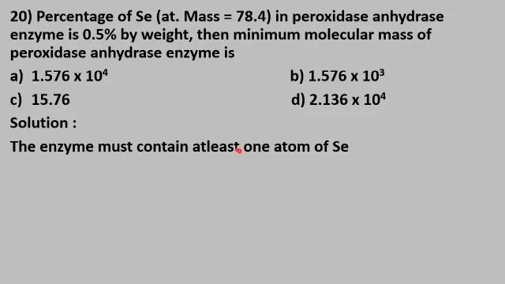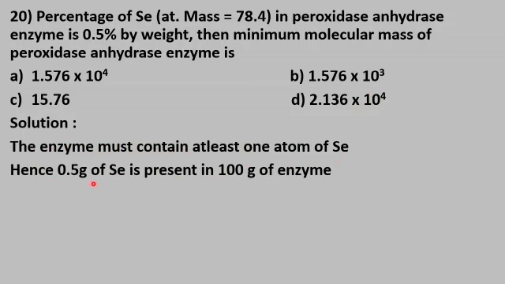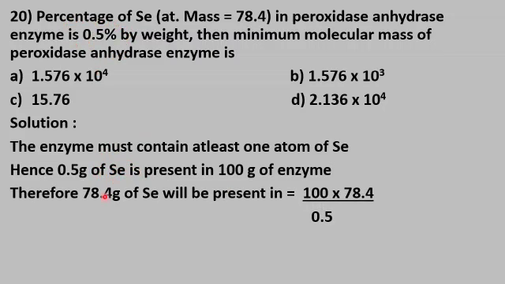Solve this one. The enzyme must contain at least one atom of selenium. Therefore 0.5 gram of selenium is present in 100 gram of enzyme, because 0.5 percentage by weight is present. Hence we can say that 78.4 gram of selenium will be present in 100 into 78.4 divided by 0.5.